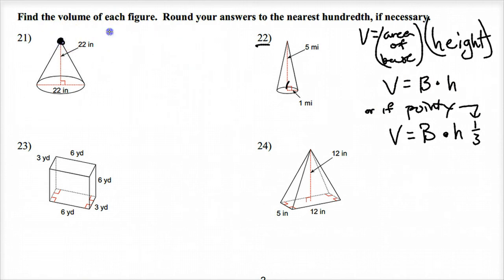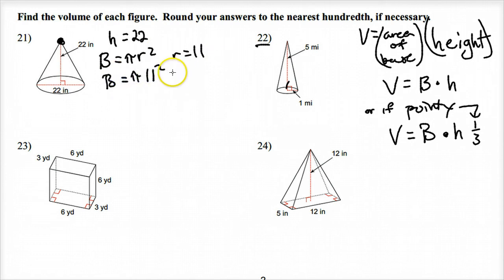So we have a couple things. Our height here is 22. Our base is a circle, and the area of a circle, so I'm going to put B equals pi times r squared. Well, they give me 22 inches for the diameter, which means that r equals 11. So then what I need to do is put that back in here. So B equals pi times 11 squared.